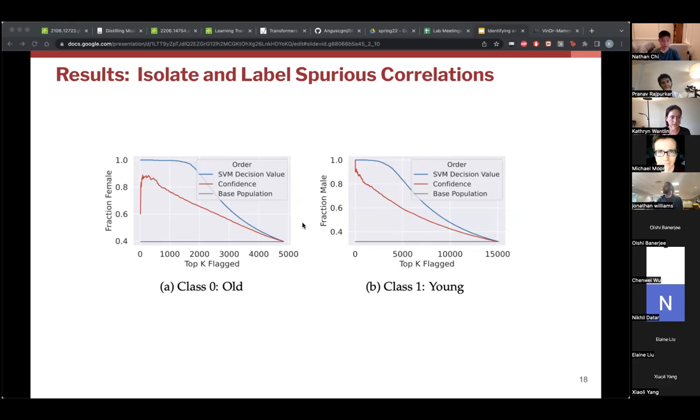So this diagram is basically showing for CelebA, they're ordering it either by the SVM decision value or by the model's confidence. And then for each cutoff, basically showing that the SVM approach is better, there is a higher fraction of the spurious correlation text embedding vector compared to the model confidence approach. And that's also shown for both class old and class young.